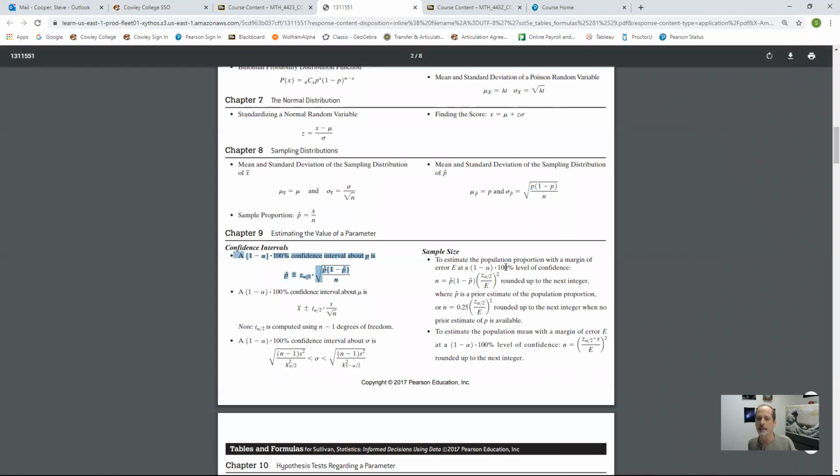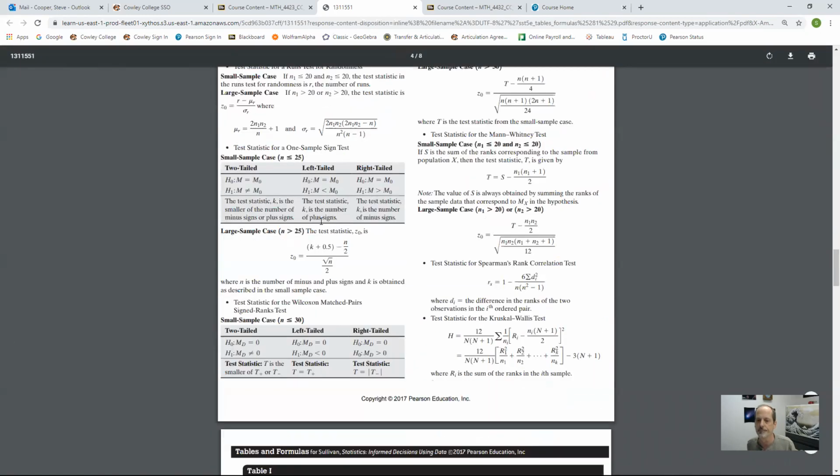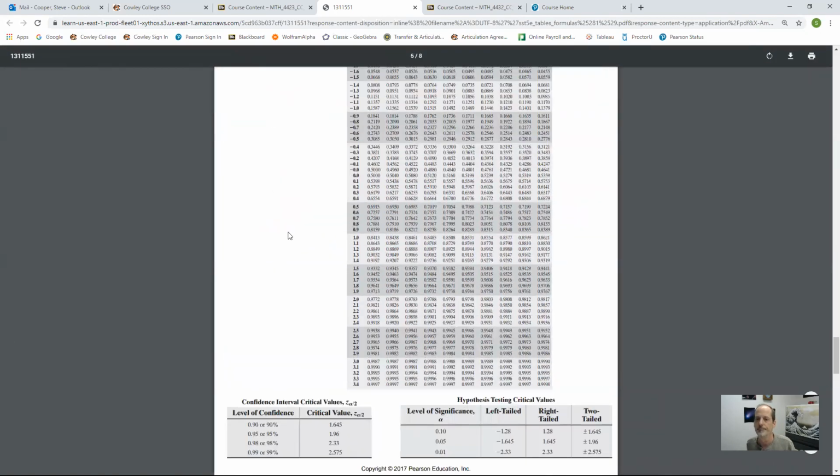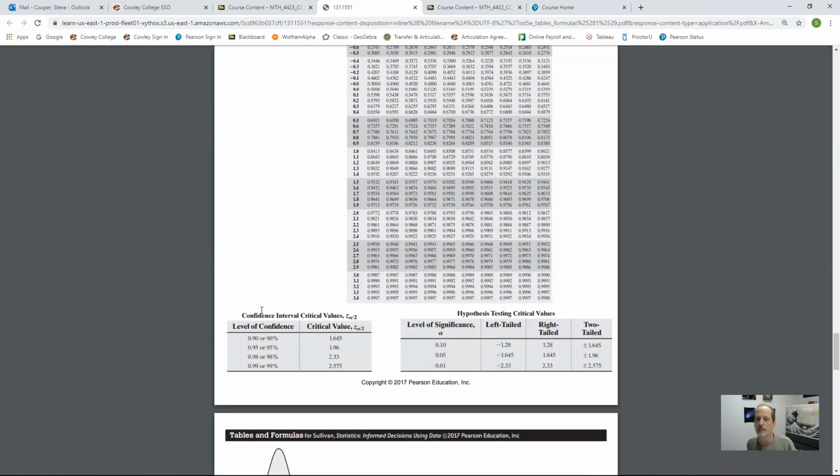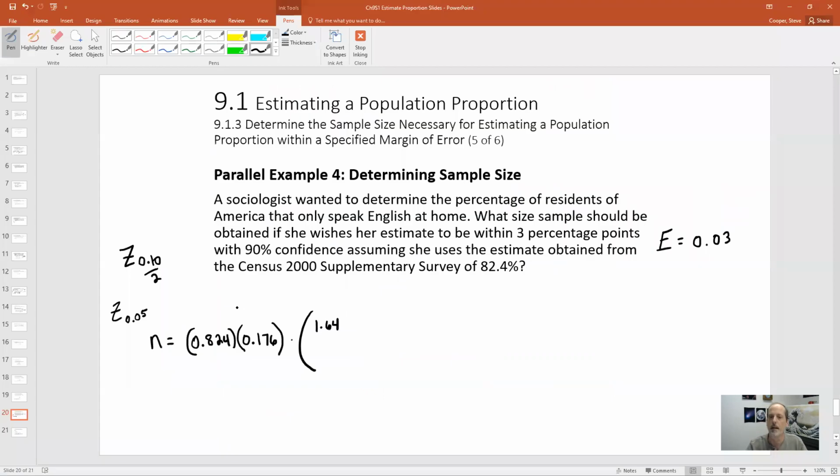And remember, you can look here on table 5 for 90% confidence. Divided by the 0.03. And then this quantity is squared.